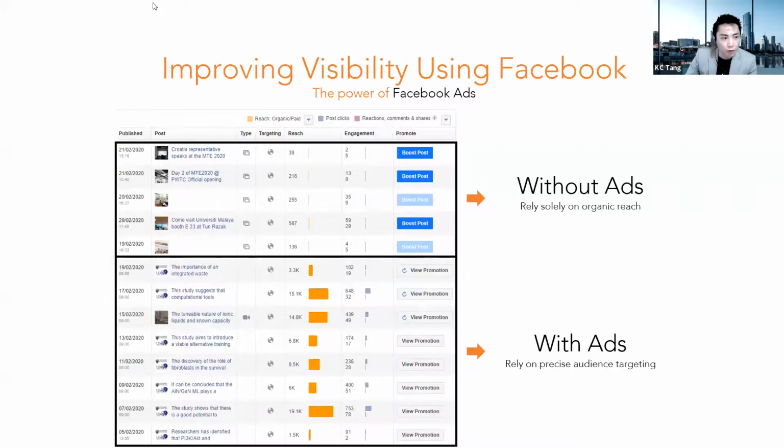Well, yes and no. If you are already a fairly famous researcher, maybe like a celebrity with lots of fans and followers and influence, whatever you post on social media will definitely garner some attention. But unfortunately, like most of us, we are not that famous yet. So that is why we need to rely on the ads functions to know specifically who we are targeting.